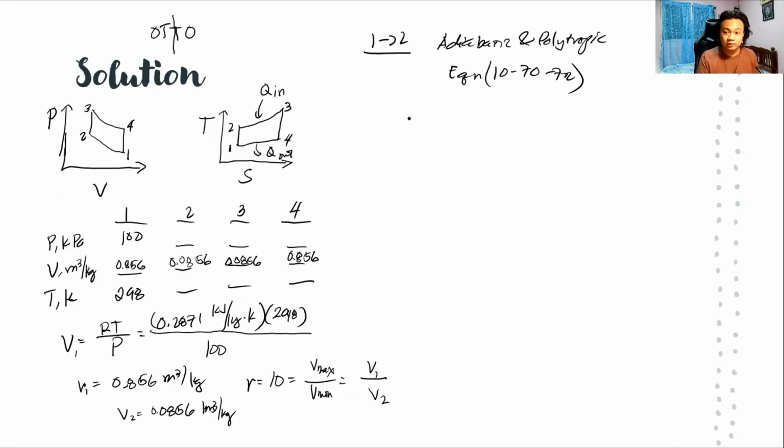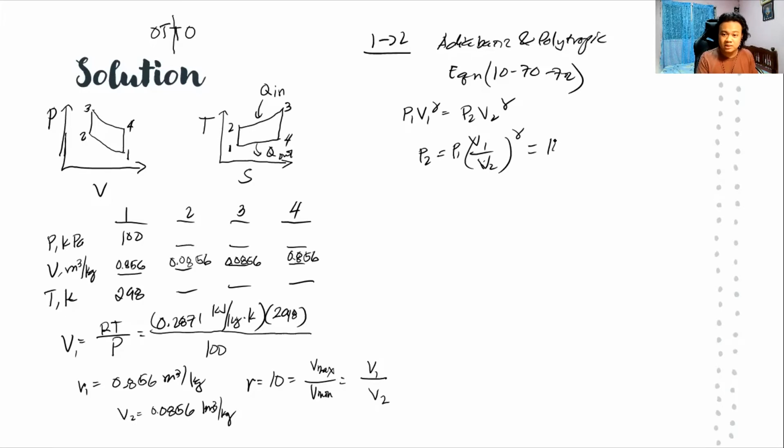Okay? So for me, I can use this for P2. So to get P2, it's just P1 times V1 over V2 to the gamma. So just transpose it, and then remember V1 over V2 is equal to 10, diba? So it makes our life easier.